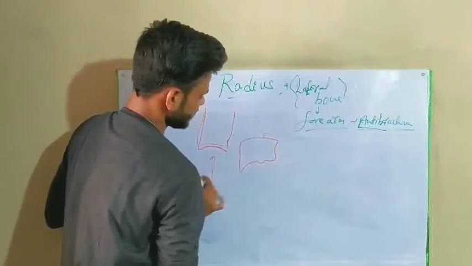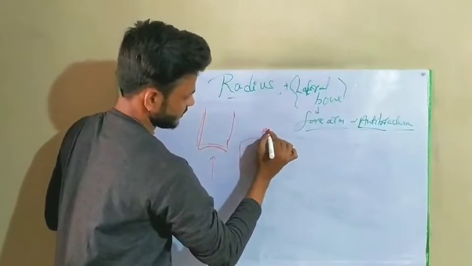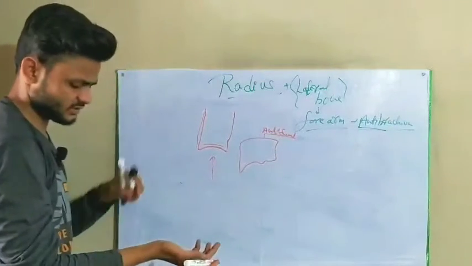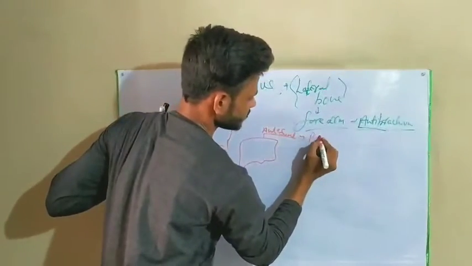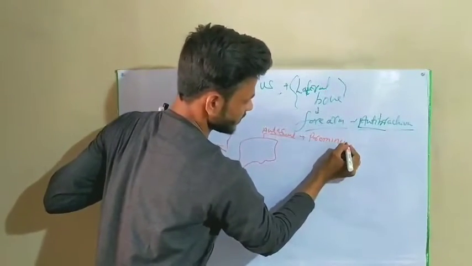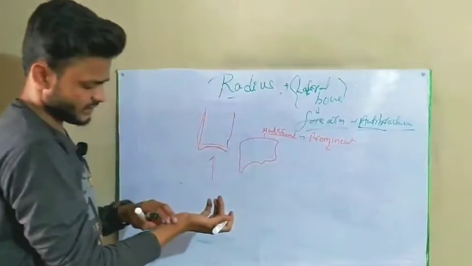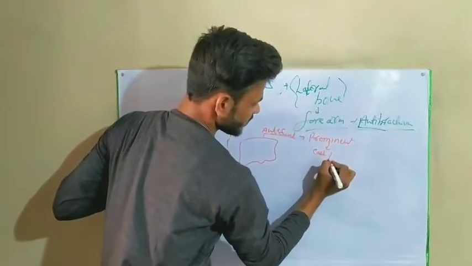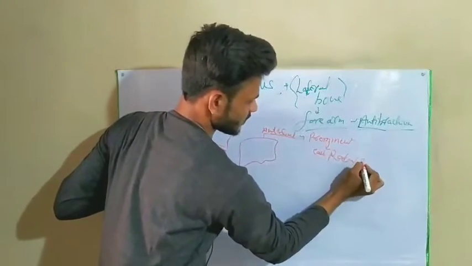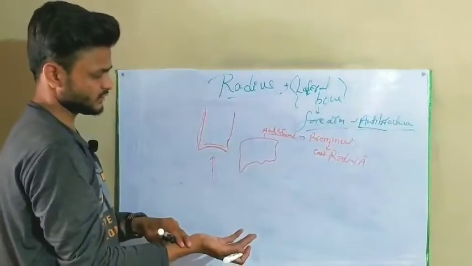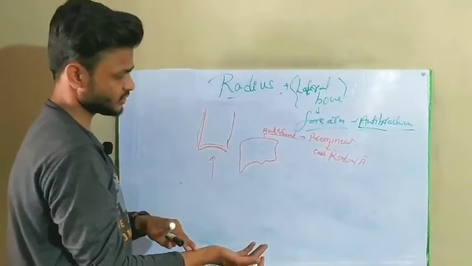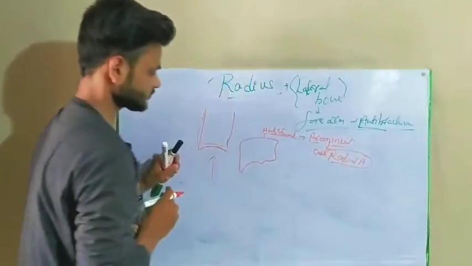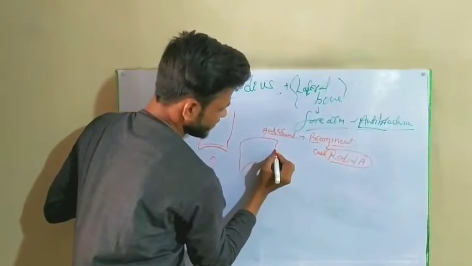This is our anterior surface. The anterior surface is prominent, and on the anterior surface of the lower end of the radius, the radial artery can be easily palpated.